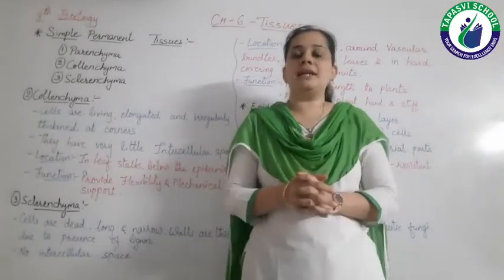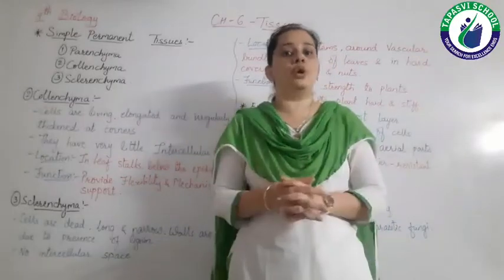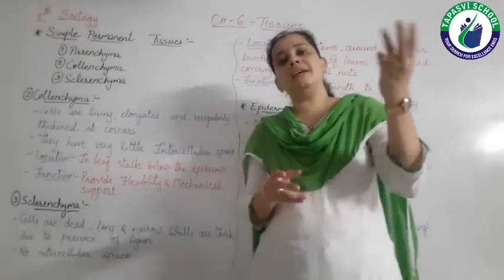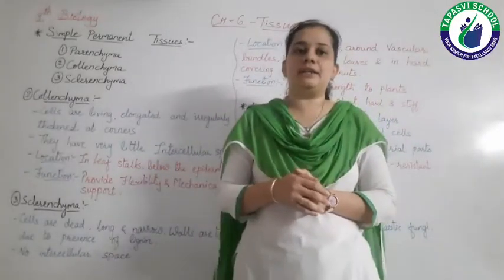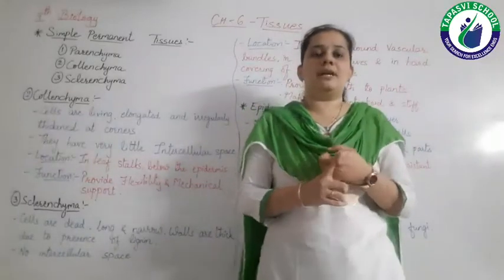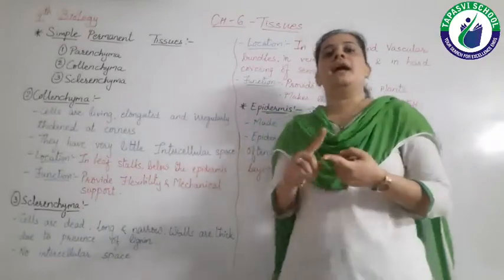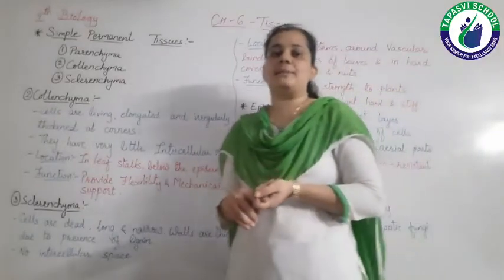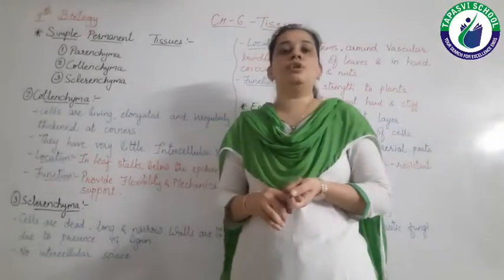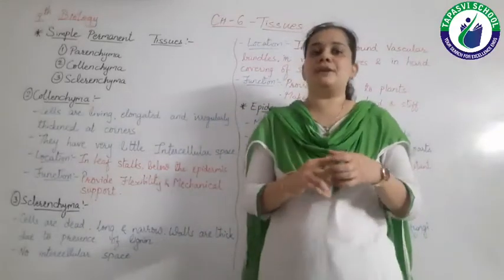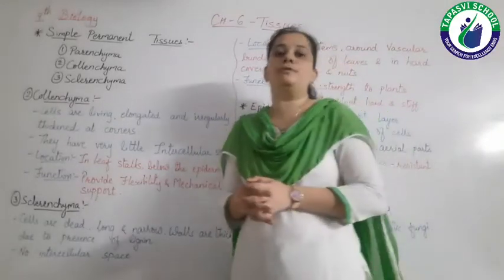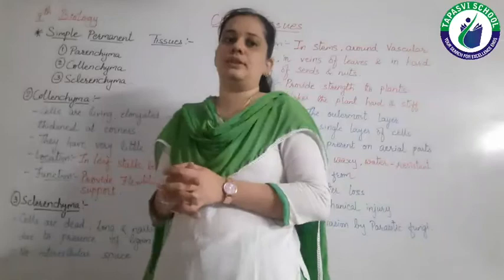So meristematic tissues are also known as growing tissues. There are three main types of meristematic tissues, that is apical meristematic tissue, intercalary meristematic tissue and lateral meristematic tissue. So these are the tissues which are found at the tips of roots and shoots.